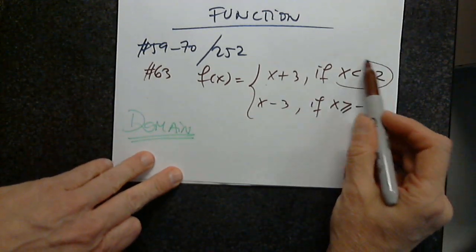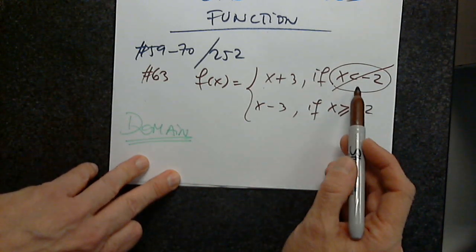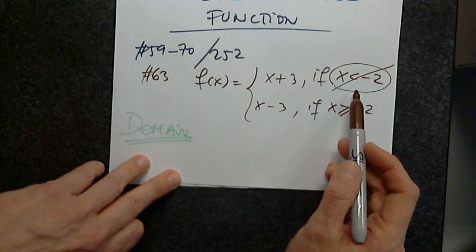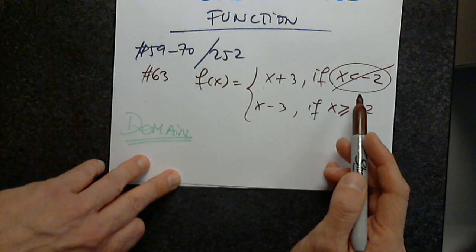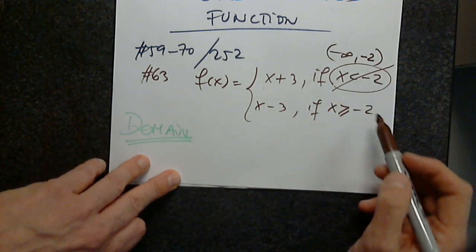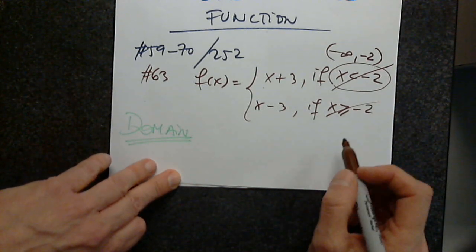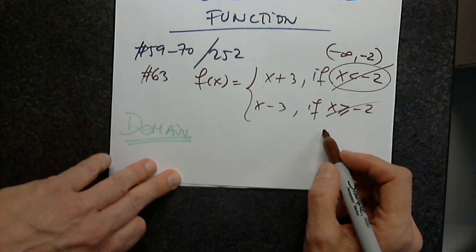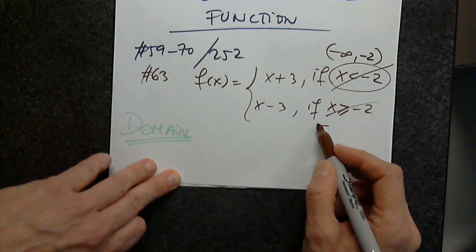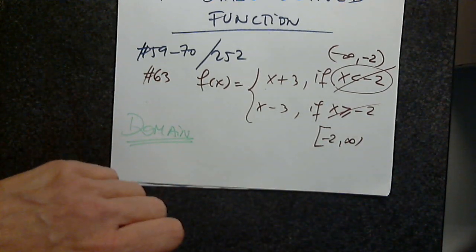Okay, so now I'm going to look at this. Do not cross it out. I'm making a point. Please tell me in interval notation, what does this represent? Negative infinity to -2. Awesome. It's more useful to present this in interval notation. And this one: greater than or equal to -2 to infinity.